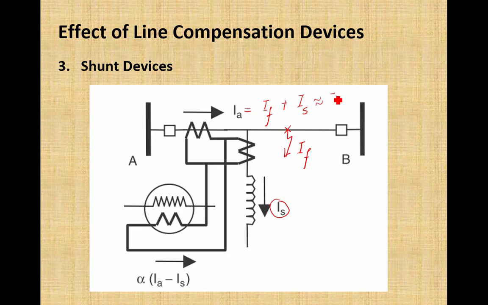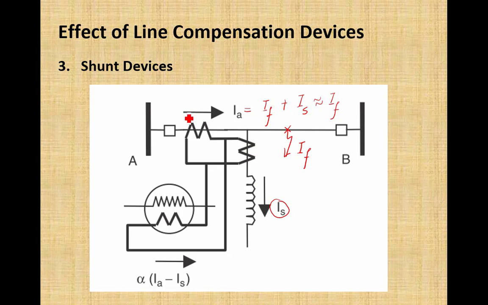Okay, but if we are interested in an accurate measurement of impedance up to the fault point, then the arrangement that you can see in the diagram can be used. What we have done here is subtract the current drawn by this shunt device from the current which is being provided to the relay by this arrangement.